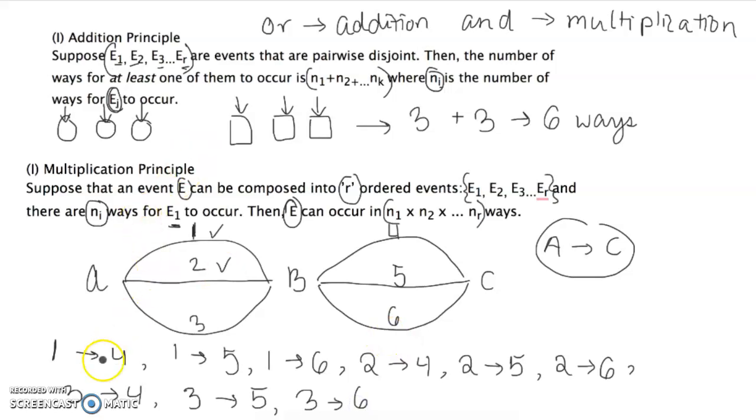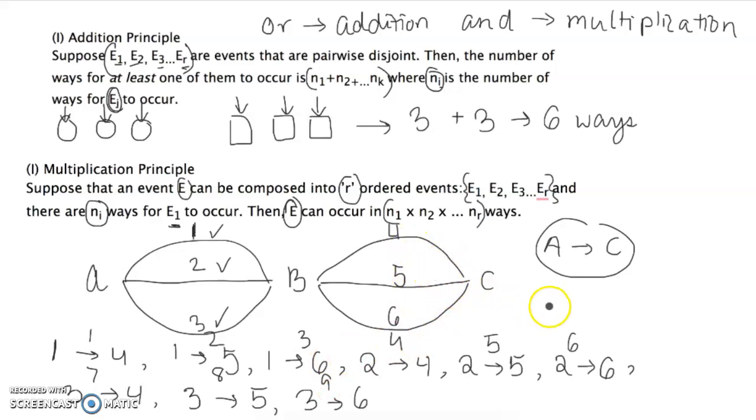Now, if you count the total number of ways, I'm going to check mark this too. It's 1, 2, 3, 4, 5, 6, 7, 8, 9.